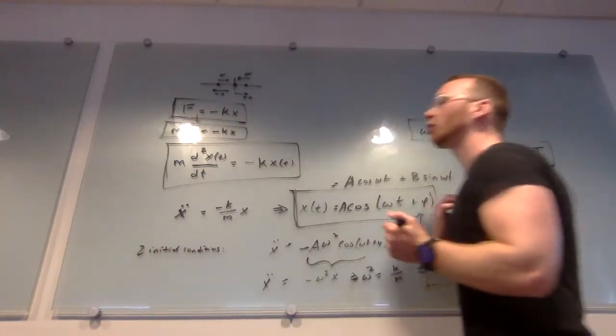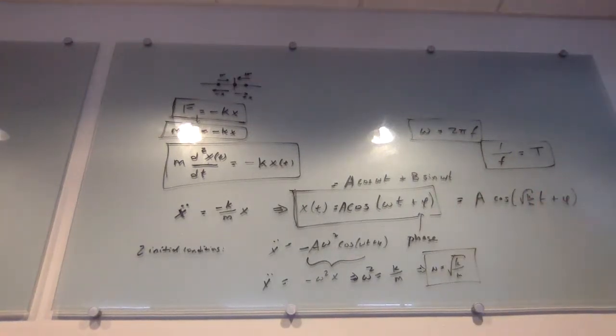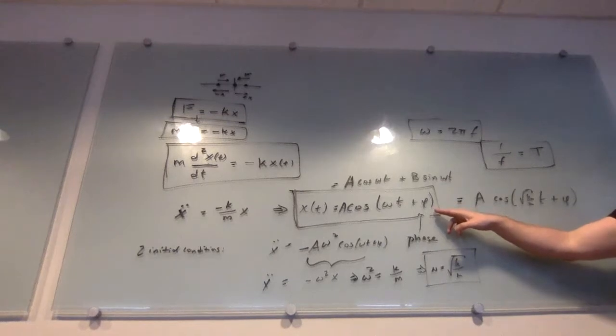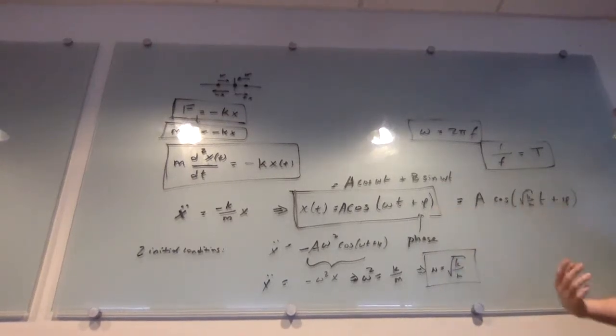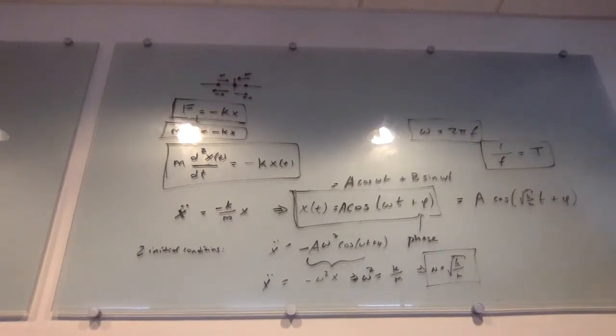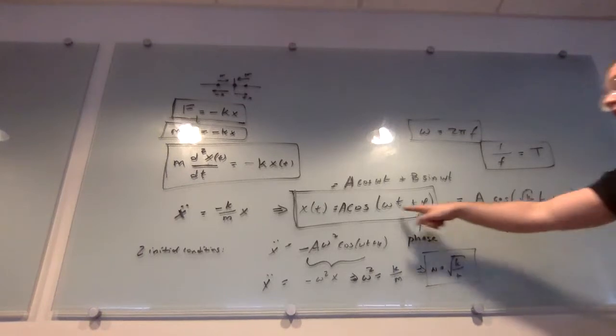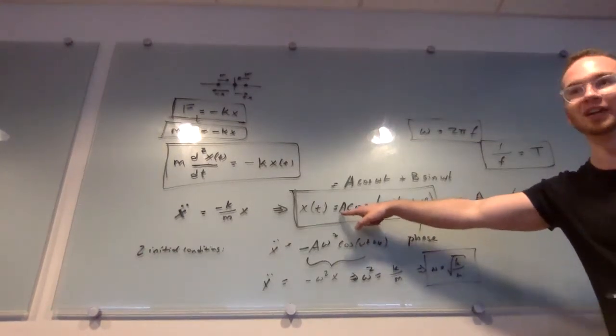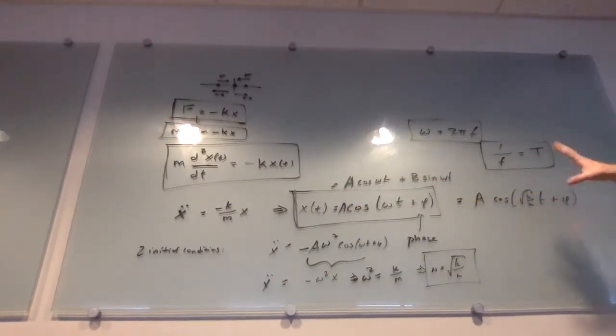It makes sense that you couldn't say where it started otherwise. If you just had a spring at rest, it would just be 0, which is this with A equal to 0. So this still encompasses that, even though it's a silly solution.